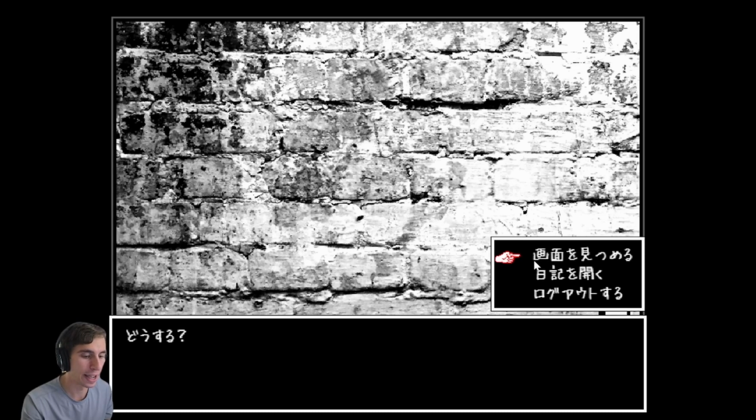And then we have gamen o, gamen is screen, gamen o, object marking particle, mitsumeru. So mitsumeru, we have again that mi, which typically means to look at something, to always look at something, right? And then with tsumeru, so mitsumeru is to stare. So we can stare at our screen.